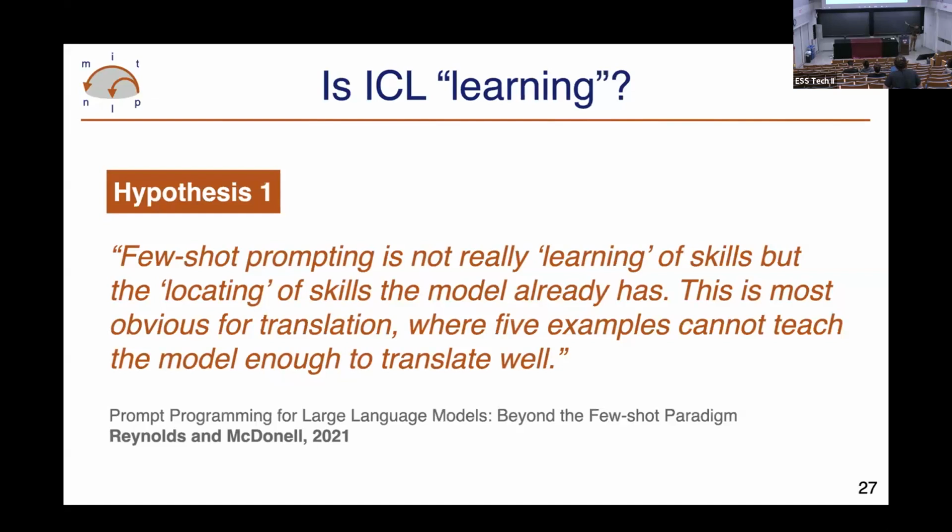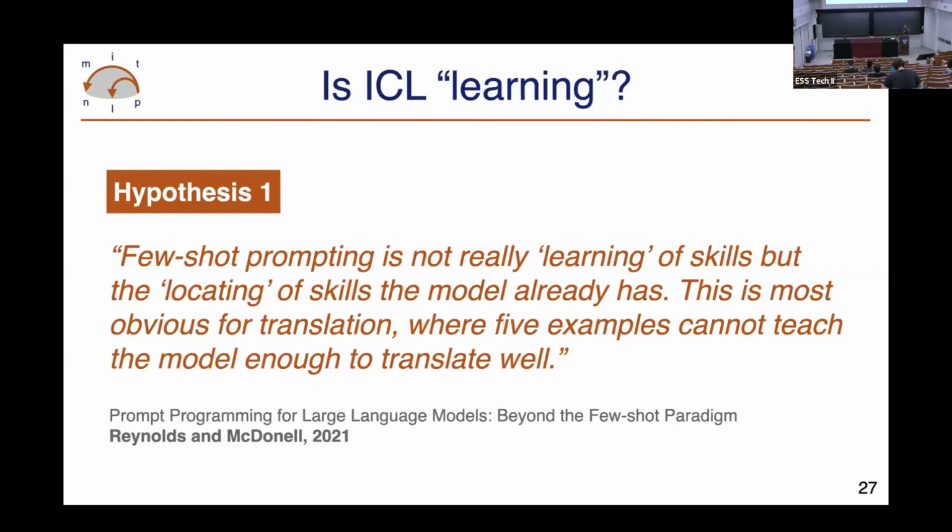Here's a quote from Reynolds and McDonnell that I think captures this hypothesis pretty nicely. Few-shot prompting is not really learning of skills, but just locating of skills that the model already has. This is most obvious for translation, where you can't learn a new language from 5 examples.